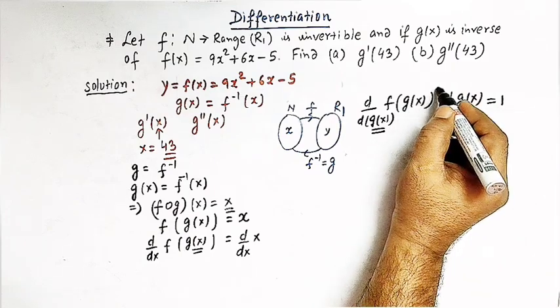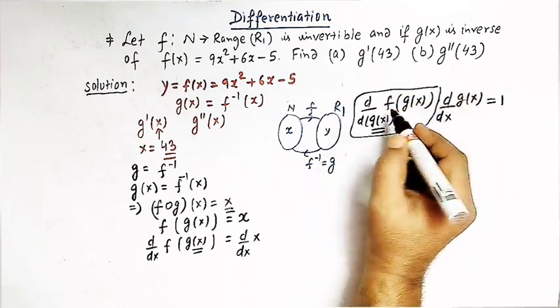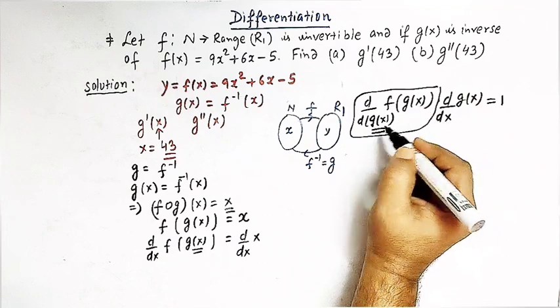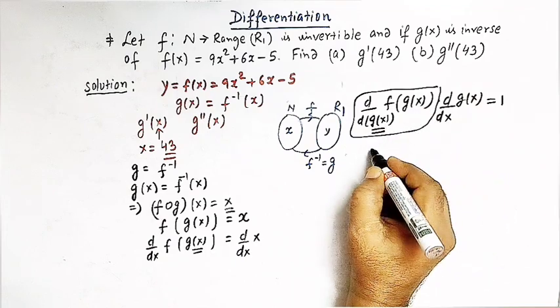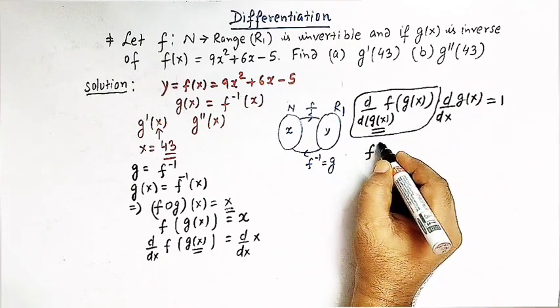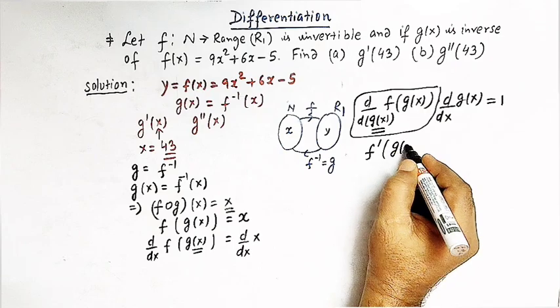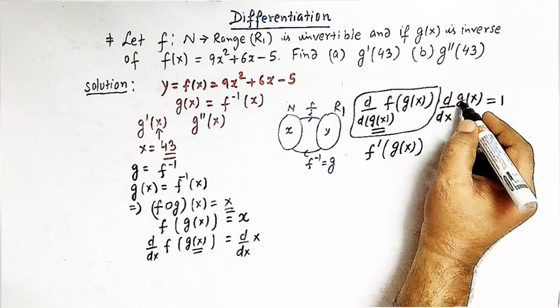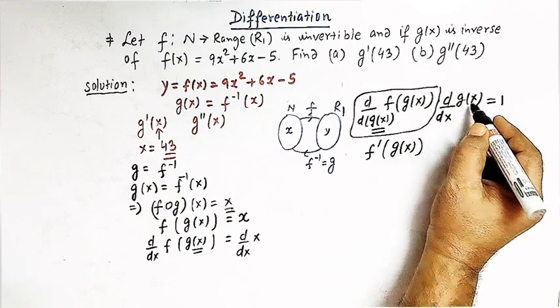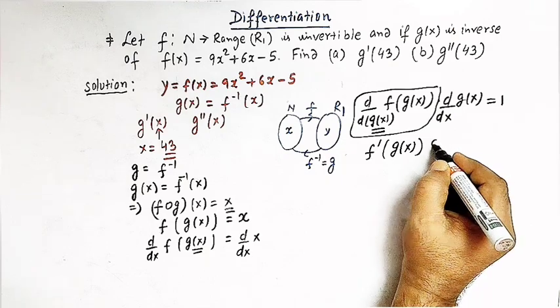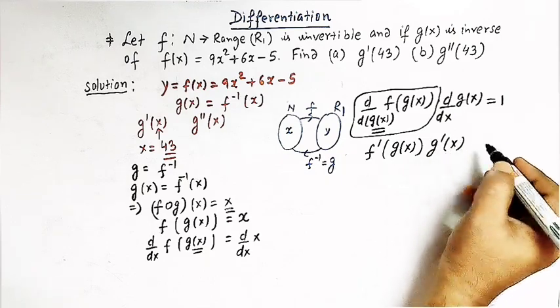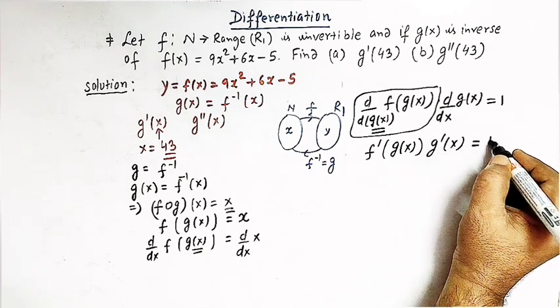The derivative of f of g of x with respect to g of x can be denoted as f prime of g of x, and the derivative of g of x with respect to x is g prime of x, and this is equal to 1.